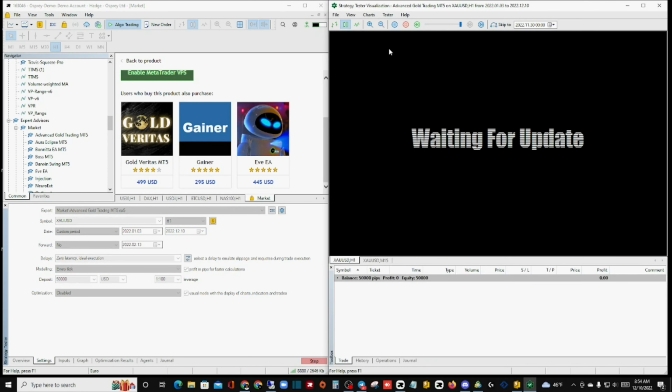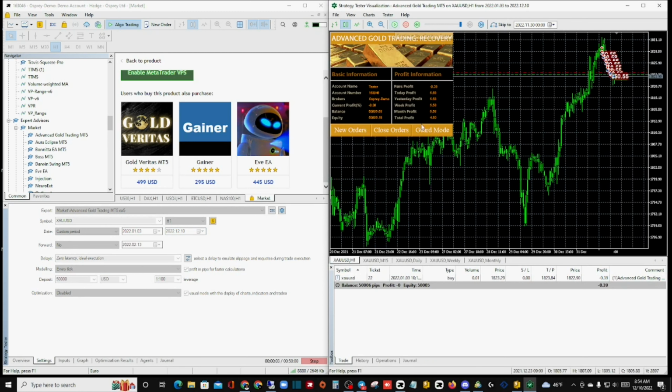I'm going to stop and take a look at the overall screen, because we always look at that first. When you look at the screen on the right-hand side, you have a very nice looking display panel with the account name, account number, the brokerage you're using, current profit, your equity balance, your profit information, being able to place new orders, close orders, and then going into the guard mode, which I'm very curious to see what that actually is.